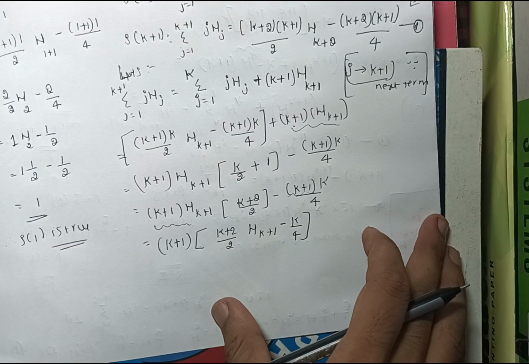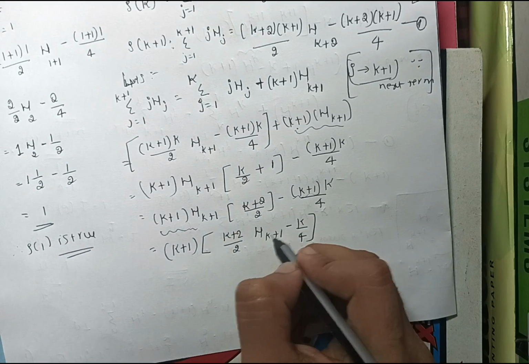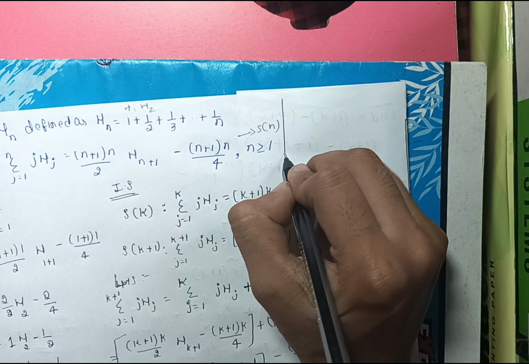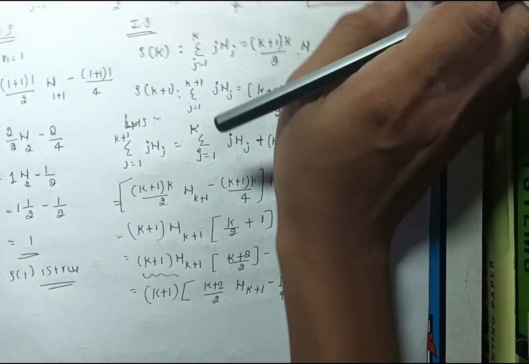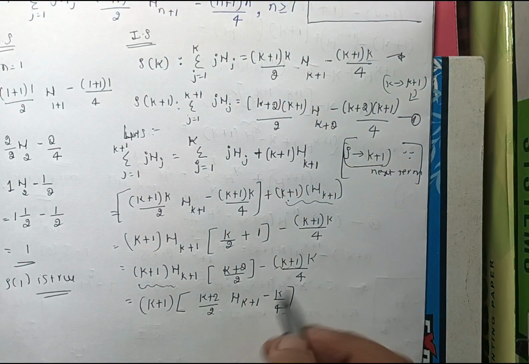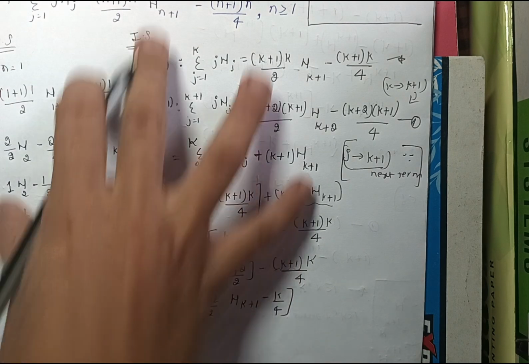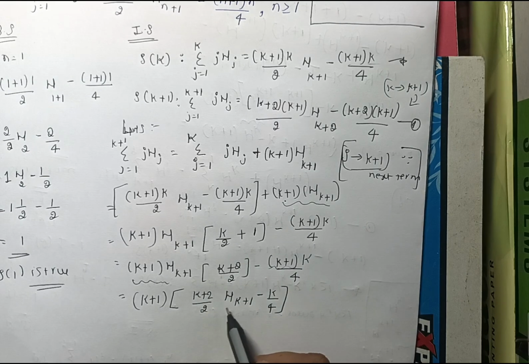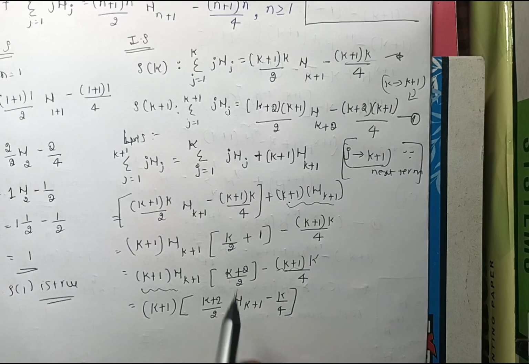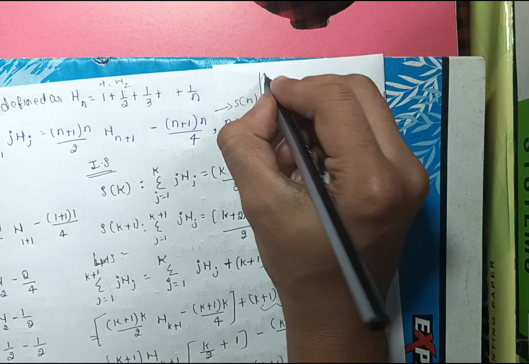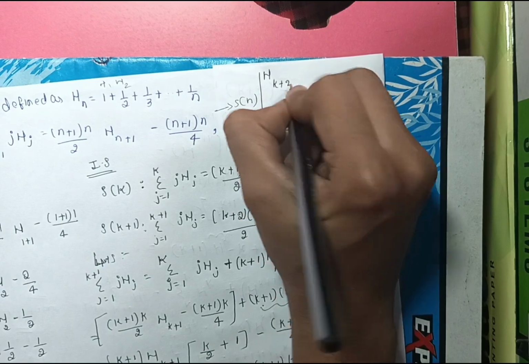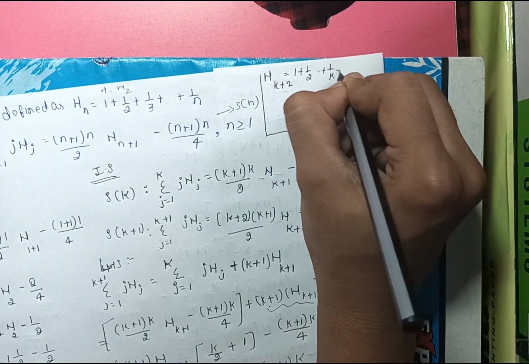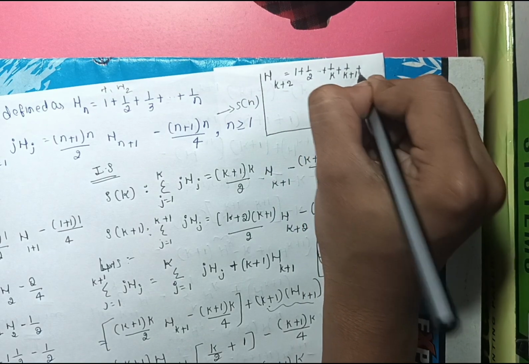What to do next? We have to find what h of k plus 1 is. As I said in the previous problem, there we had to find h of k, so from the formula we solved first h of k plus 1. Okay, here we have to find what? H of k plus 1. So first write the formula for h of k plus 2, that is 1 plus 1 by 2 plus 1 by k plus 1 till where?